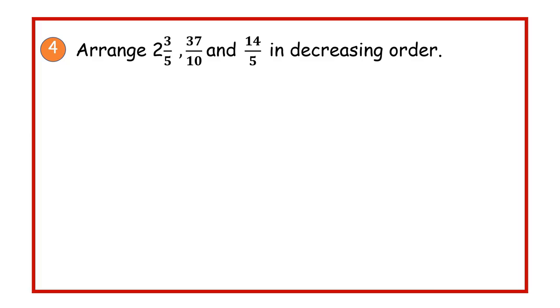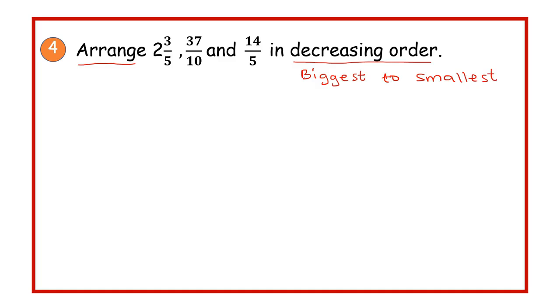Okay, let us move on to example number 4. This part we have got to arrange in decreasing order. Decreasing order means from the biggest to the smallest.